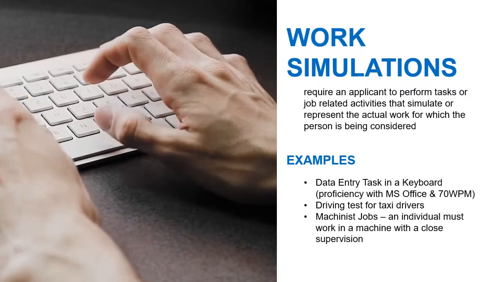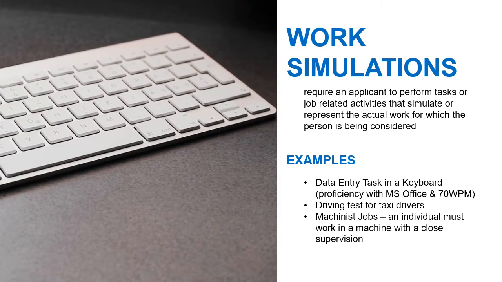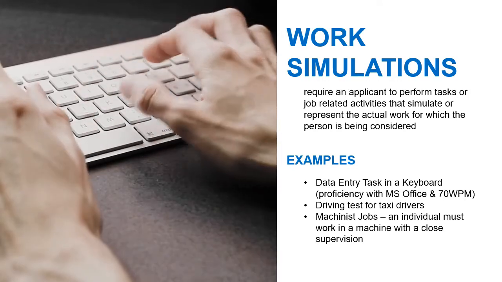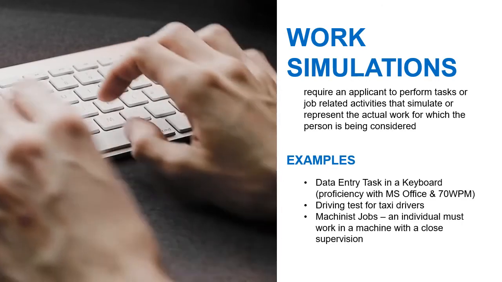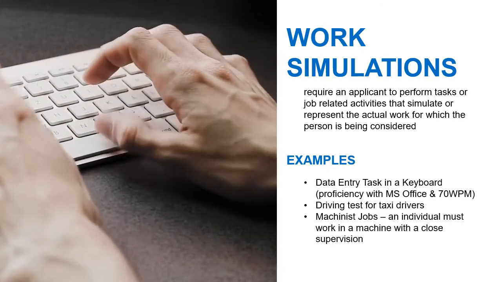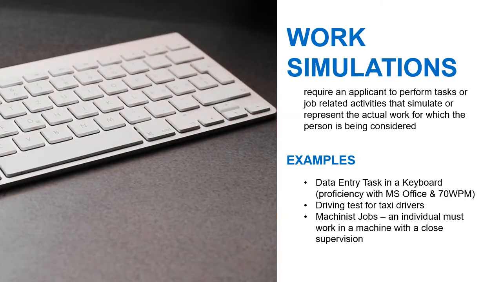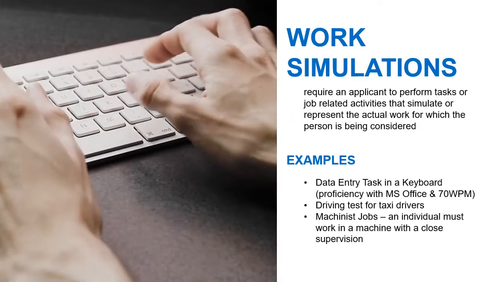We also have work simulations, which require an applicant to perform tasks or job-related activities that simulate or represent the actual work for which the person is being considered. For example, a data entry task on the keyboard, which tests proficiency with Microsoft Office and a typing speed of some 70 WPM, a technical term from information technology.